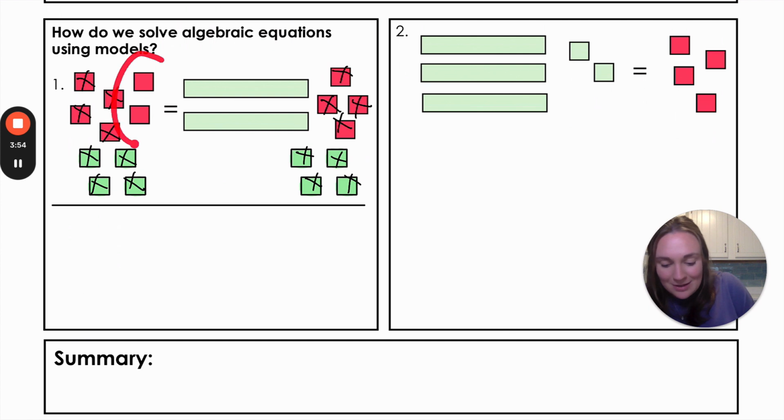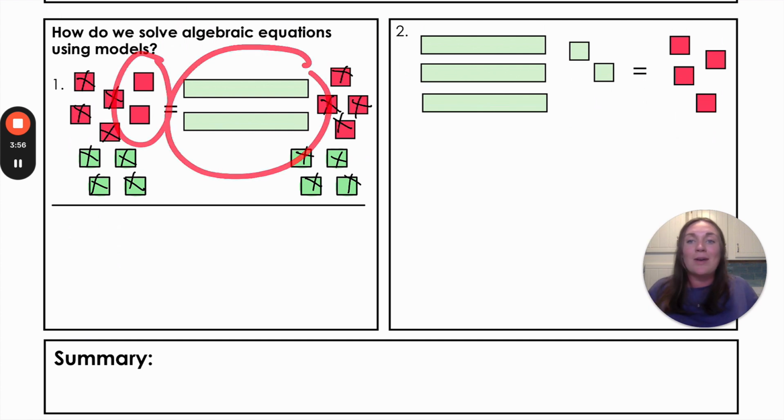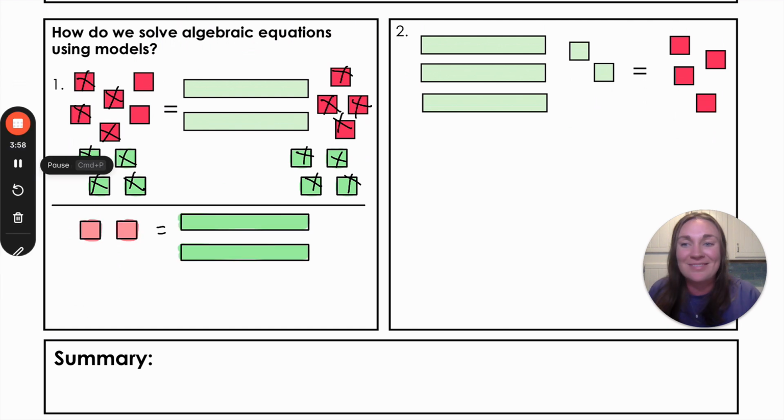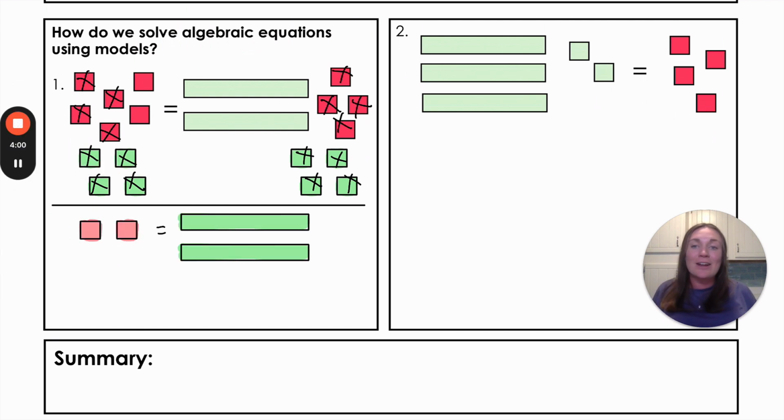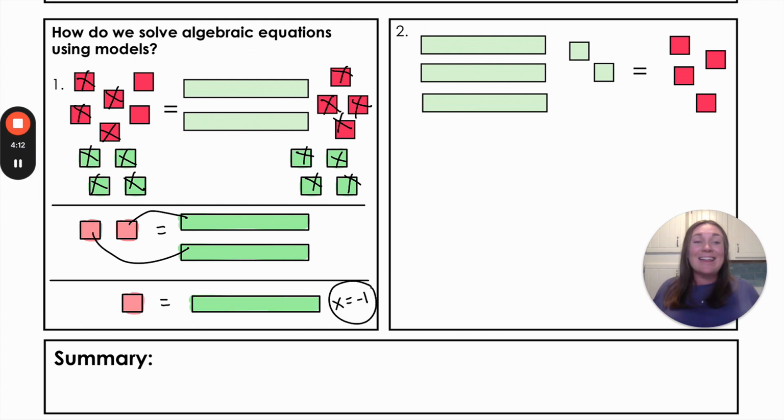So I'm going to bring these 2 -1s and these 2 x's down to my next step. And then for my last step, I don't want to know what 2 x's are equal to. I want to know each x is equal to how many of those 1s. So in this case I can put 1 here and 1 here, which means that each x will be equal to a -1. And that is how we solve our equation using those algebra tiles.